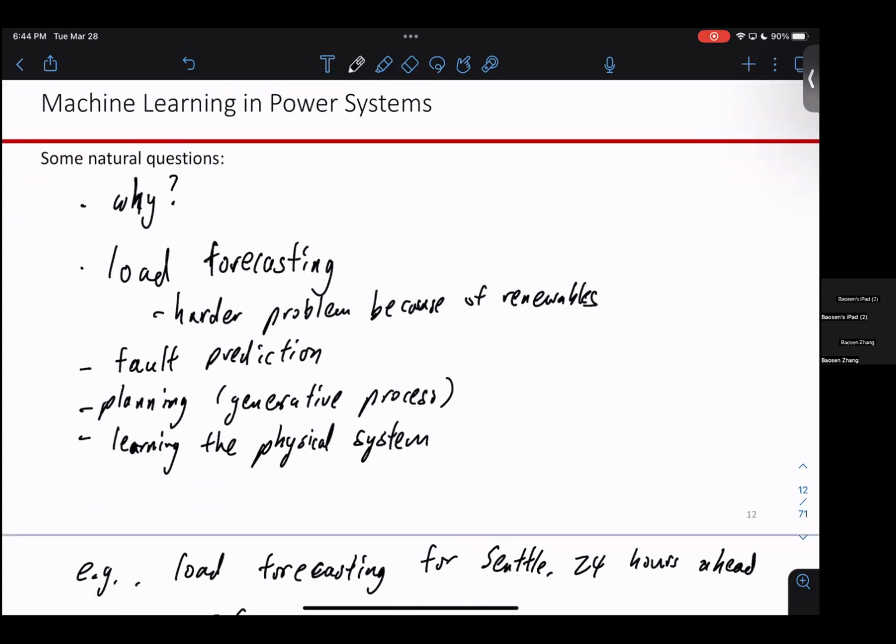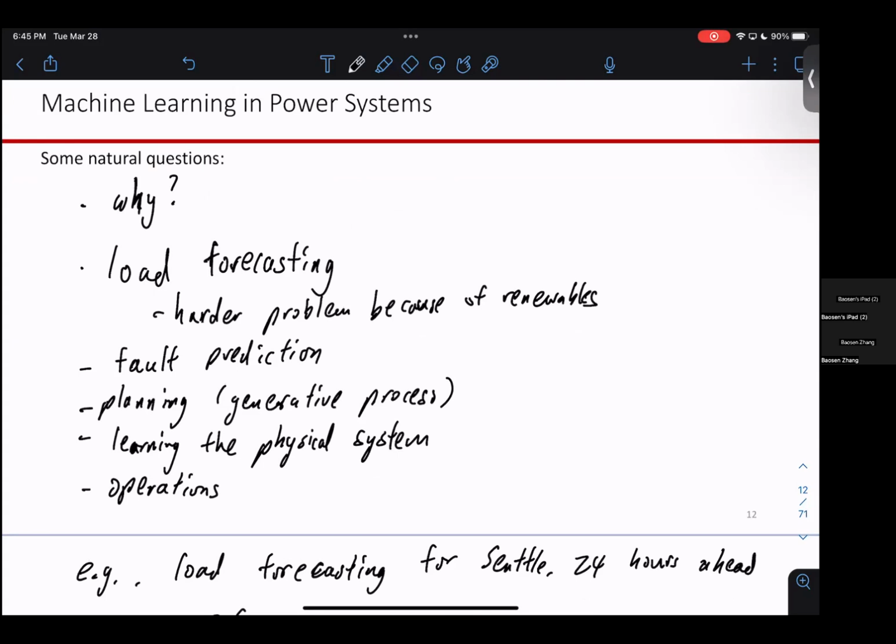Okay, and the last thing we'll do in this class is the operations. All of these things don't make decisions. Load forecasting feeds into the decision-making problem, but by itself doesn't make decisions. In power system terms, when you make decisions, it's called the operational system.